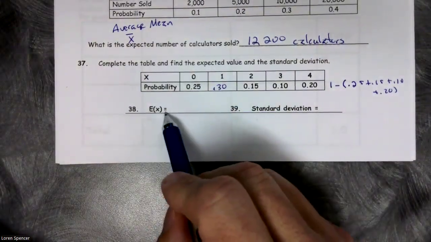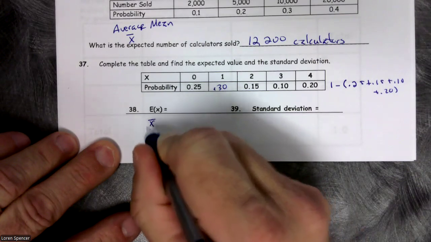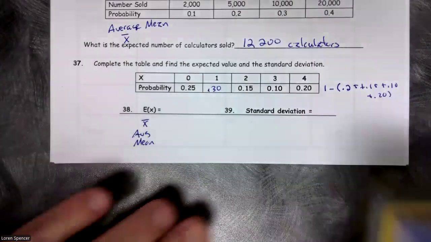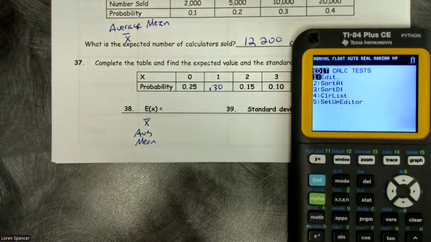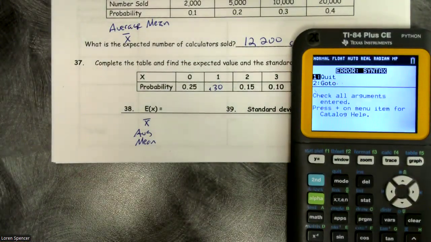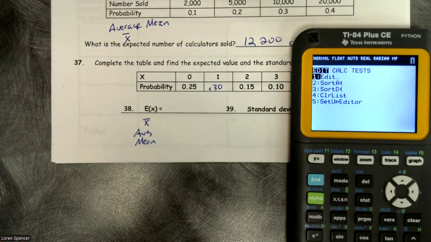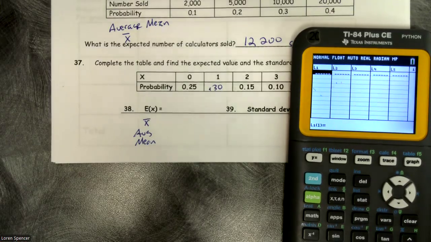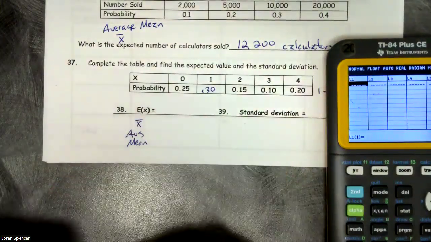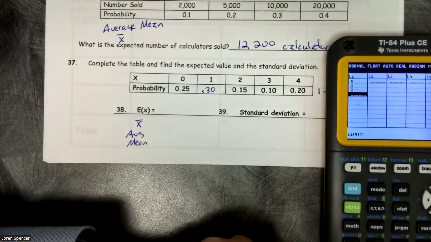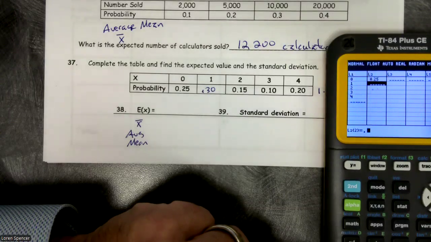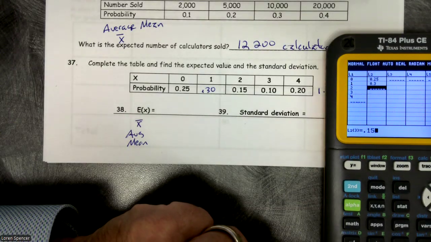Now we need to find the expected value, which means they're asking for the X bar, which is the average or the mean. So we're going to go back and enter that data. Stat edit, up arrow and clear, and then up arrow and clear. And we have 0, 1, 2, 3, 4, and 0.25, 0.3, 0.15, 0.1, and 0.2.